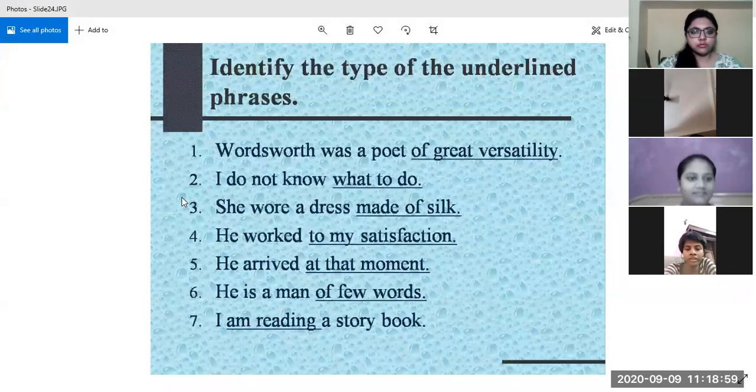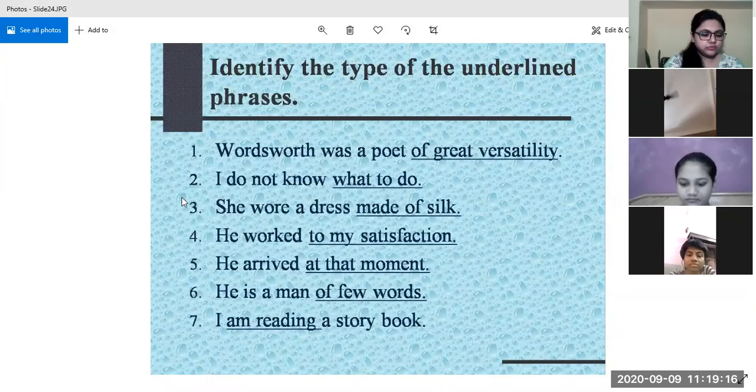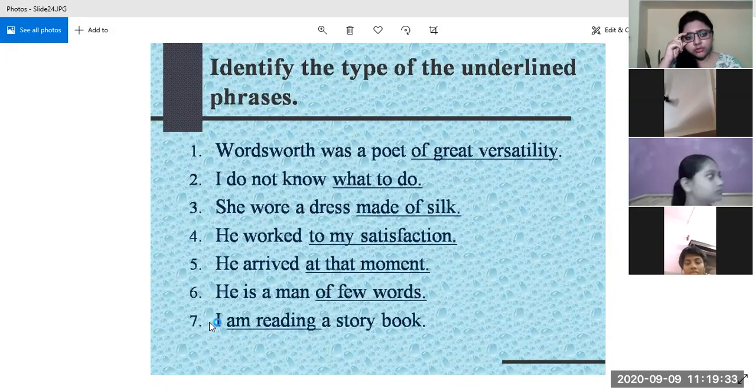Adjective phrase. This is an adjective phrase. Okay, good. Next, he worked to my satisfaction. Who will answer this one? Umid, give the answer. Yes, Umid. Okay, Shubh, give the answer.